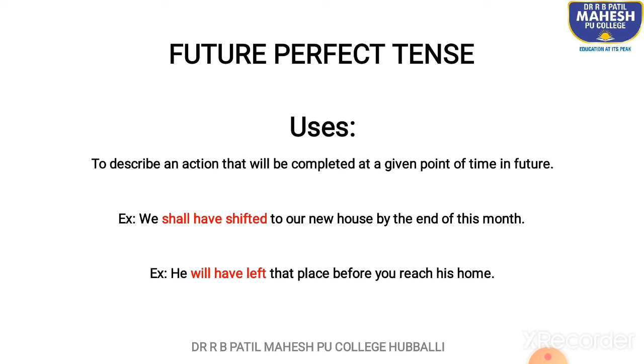Another example, he will have left that place before you reach his home. So again, an action that would have got over, at a given point of time in future. Again, a sentence in future perfect tense.